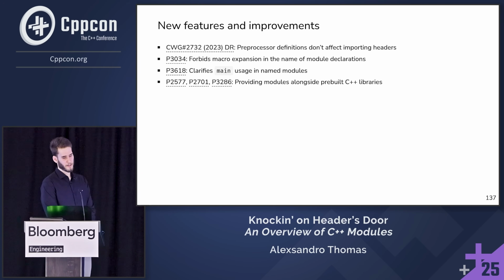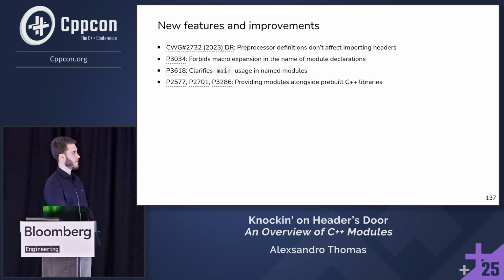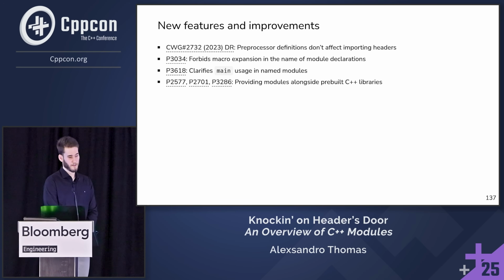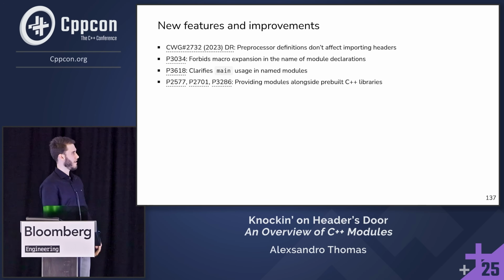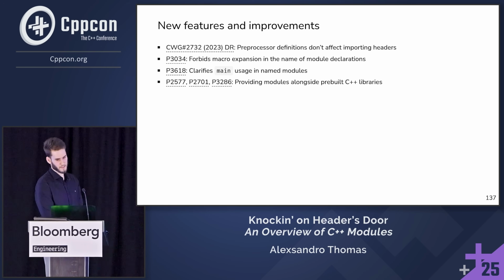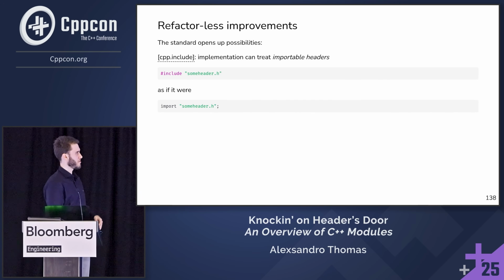You also have a paper clarifying if you can place main and how you can place main in your named modules, and many other interesting papers that talk about, for example, how to provide pre-built libraries that contain your built module interfaces. And the standard also opens up for some refactorless improvements, which is very interesting.